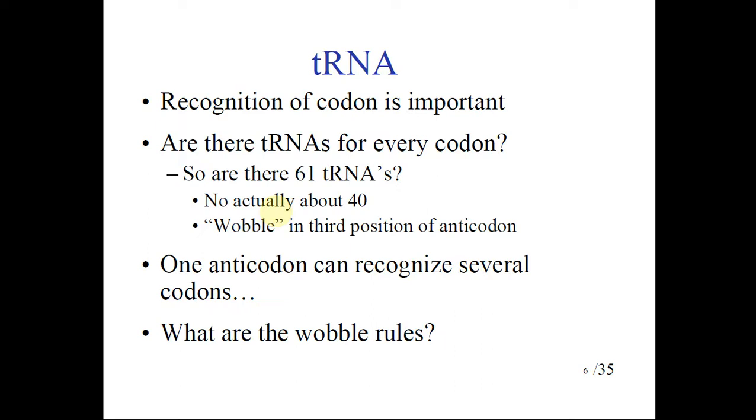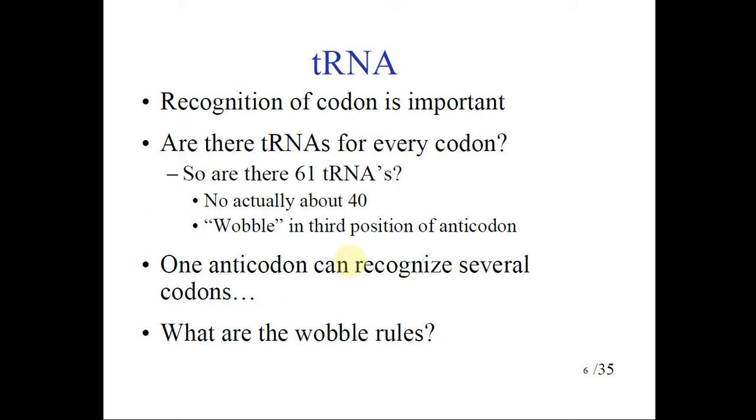So actually there must be 61 tRNAs available, one for each codon, but this is not the case. There are only about 20 to 40 tRNAs available. So how do these 20 to 40 tRNAs bind to 61 codons?